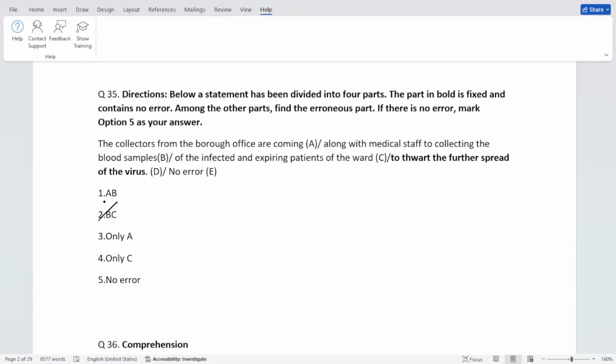Already till the 34th question is completed, and now according to the statements we have to rearrange the sentences. So here, the collectors from the borough office are coming.